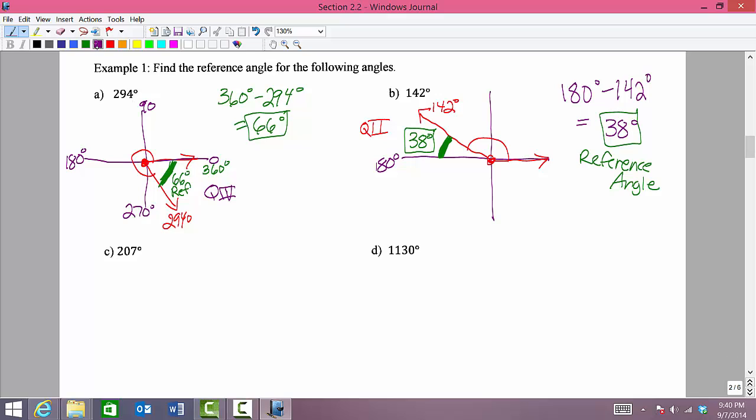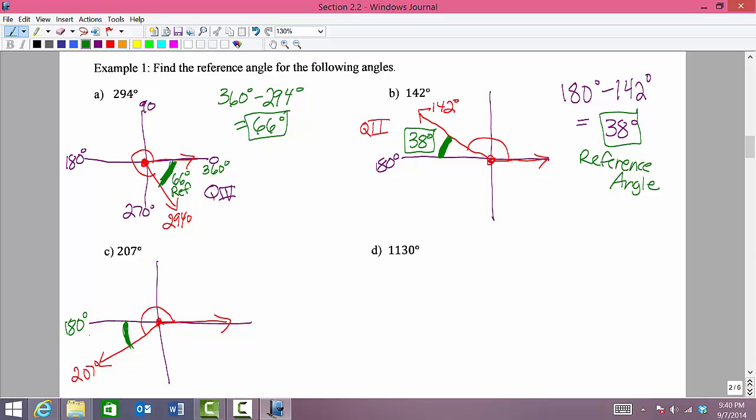Okay, what about 207 degrees? We're going to graph this first. That should put us just a little bit past a half rotation. Remember that we're looking for the positive distance between the terminal side and the nearest x-axis. In this case, the nearest x-axis, we can think about that as being 180 degrees.